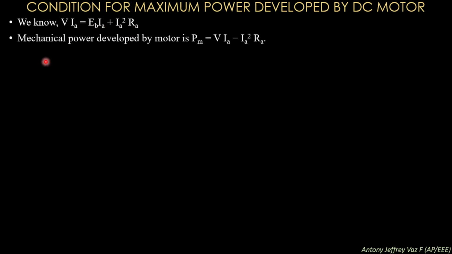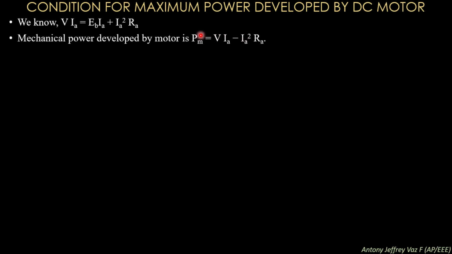Next we are going to see the condition for maximum power developed by a DC motor. We know VIa equals EbIa plus Ia squared Ra. Here the mechanical power developed by the motor is Pm, which is equivalent to VIa minus Ia squared Ra.